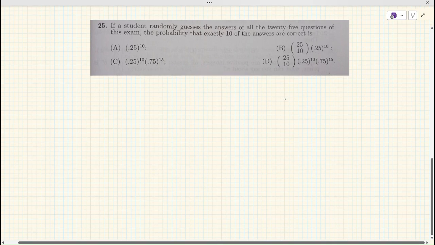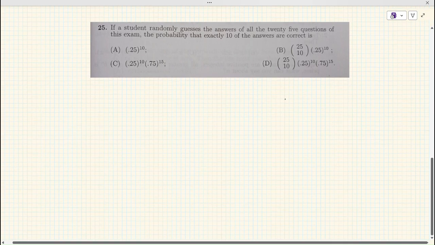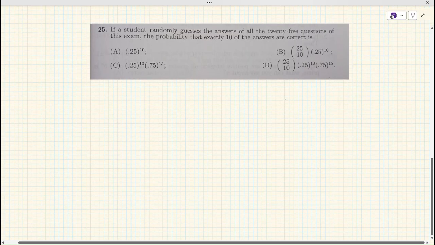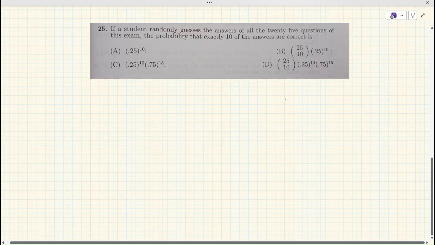The UGA exam for BMath and BStat has 25 questions, with four alternatives in each, and we have to pick one correct option out of it. So if a student randomly guesses all the answers, what is the probability that exactly 10 of the answers will be correct?